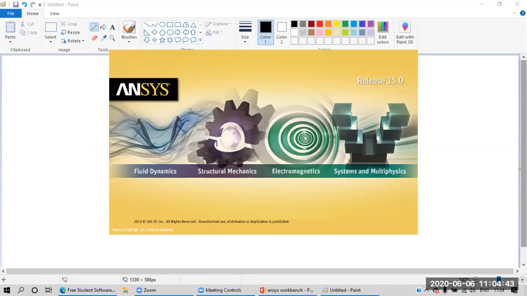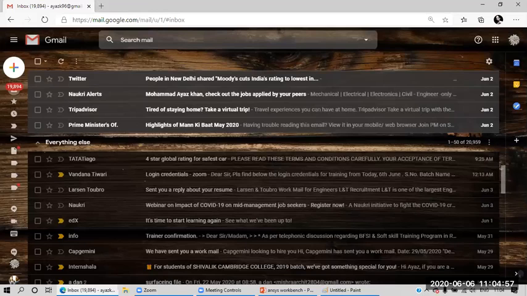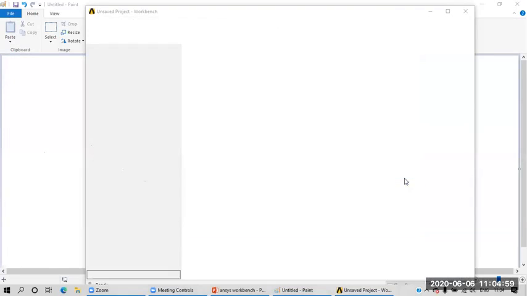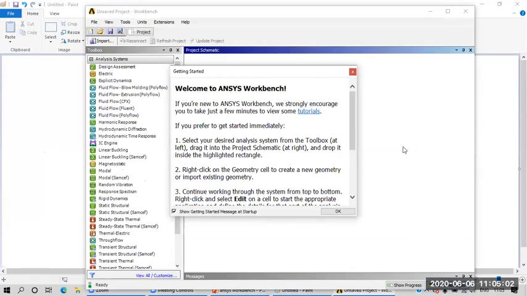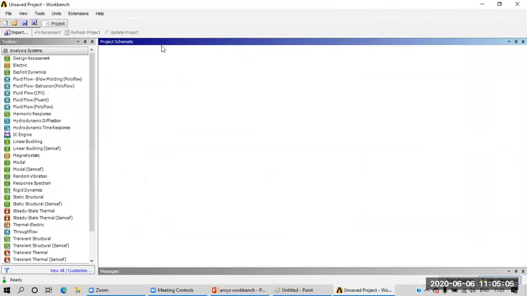Okay, as you can see, this is the window of the Ansys Workbench, and this is the exact platform that we will be working on for the next training sessions here.